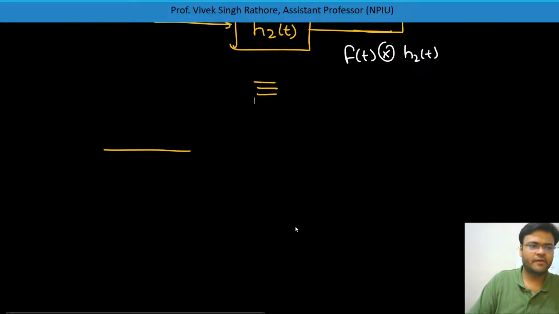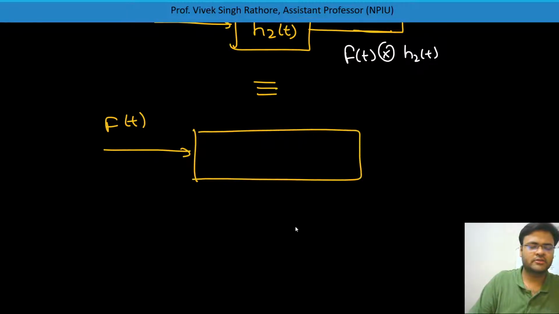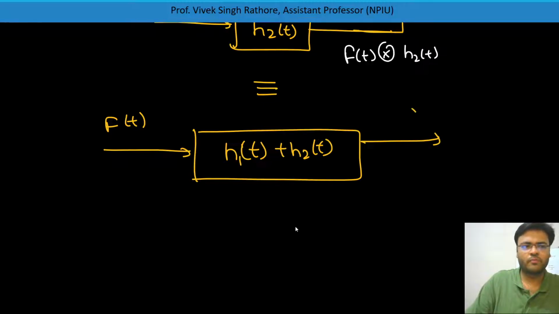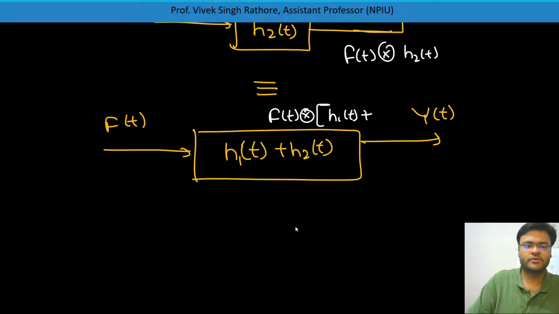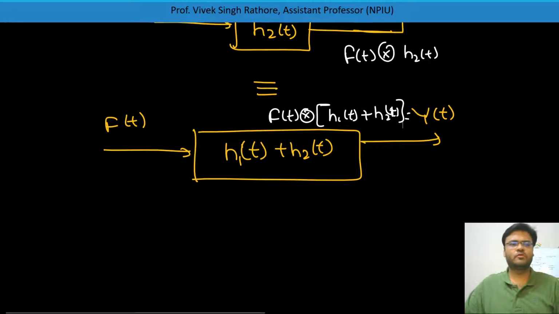it is equivalent to giving input f(t) to a single block h1(t) plus h2(t) and taking output y(t). That means you are doing f(t) convolution with h1(t) plus h2(t). It is absolutely the same.